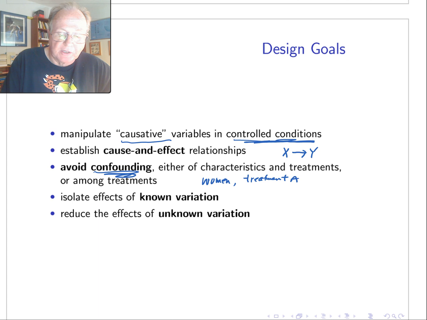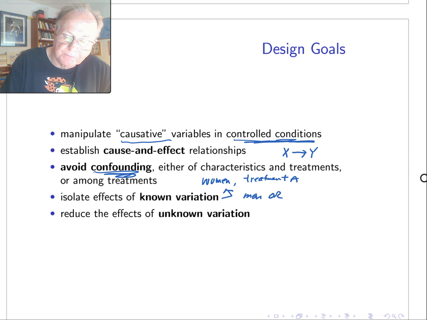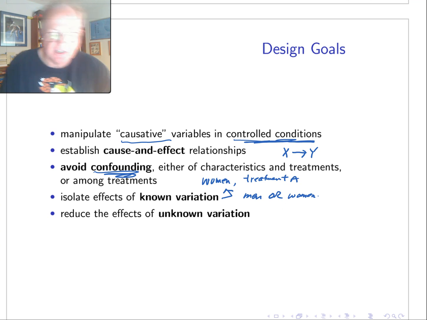Another goal in experiment design is to isolate the effects of known variation. If I have subjects that are either men or women, I'd like to see how much variation is imposed by the differences of men and women.